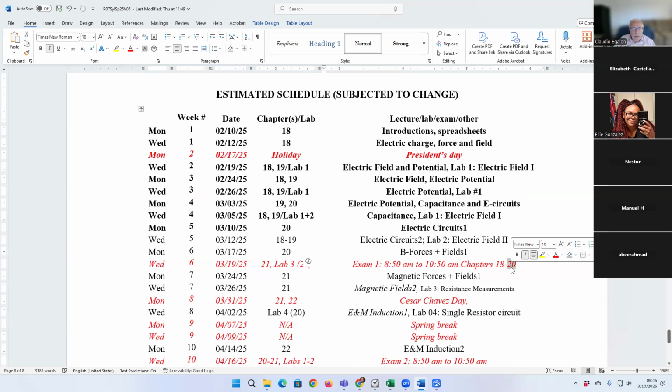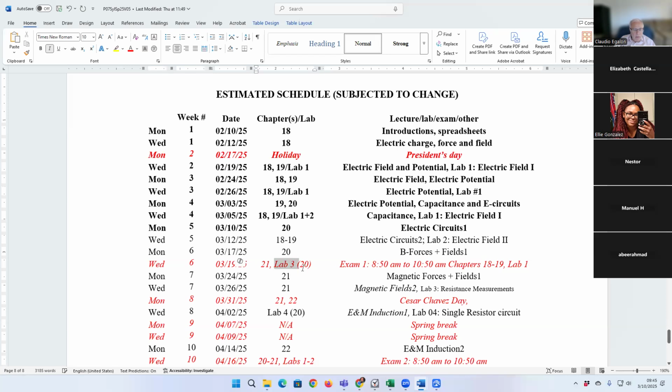Wait a minute. Well, for now it's 18 and 19. Let's see if we have time to cover 20 as well. Most likely we won't. But let's stick to 18 and 19 for now. And don't forget the lab too, lab 1 will be part of the exam as well.